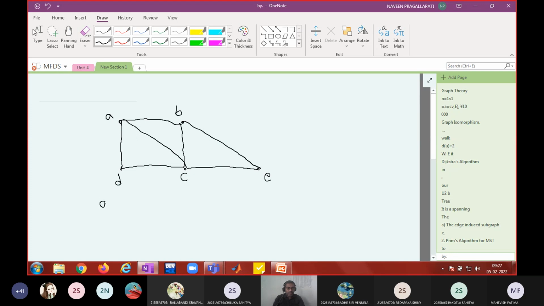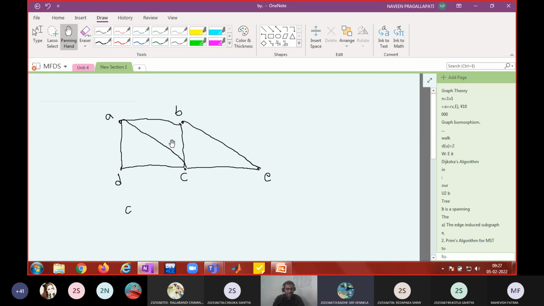Can you tell me, from A to what vertex do I have to go? Okay, you tell me. C, D, A, B, E, C, A. Oh, it misses B. So from B we can start.